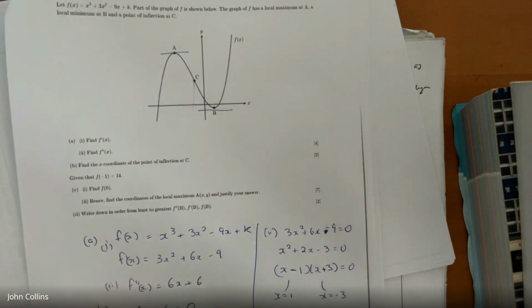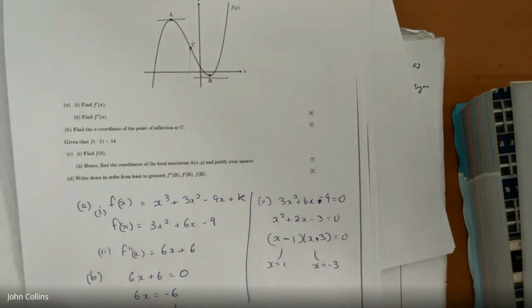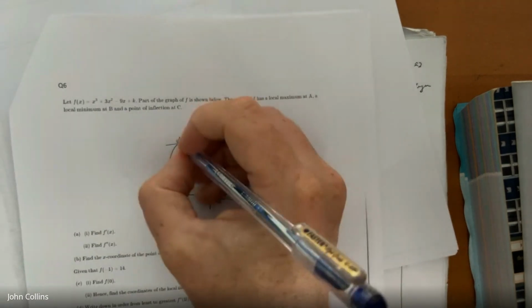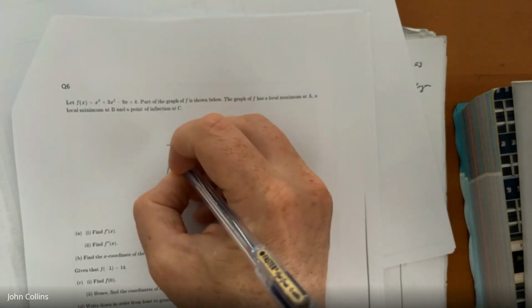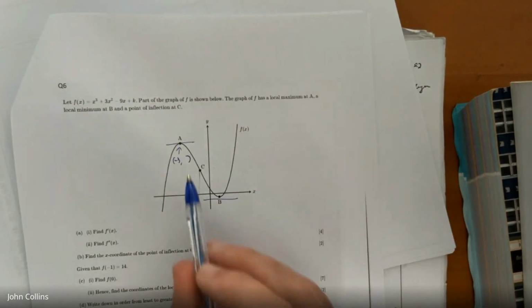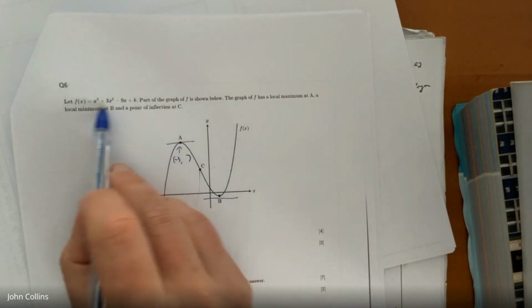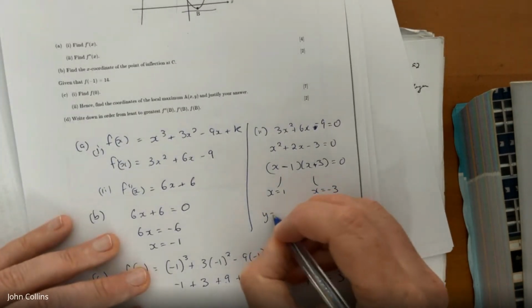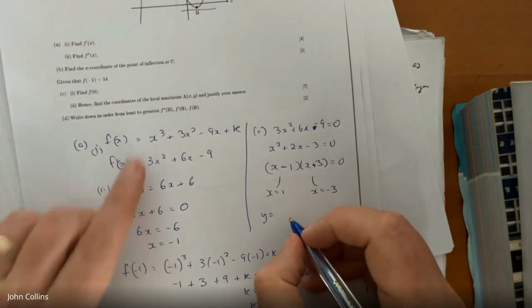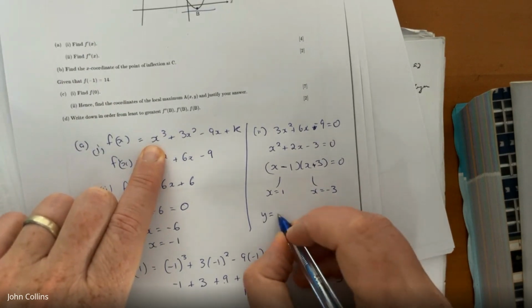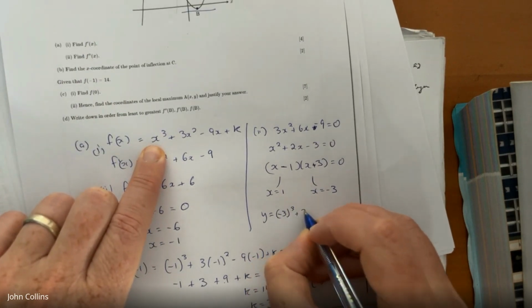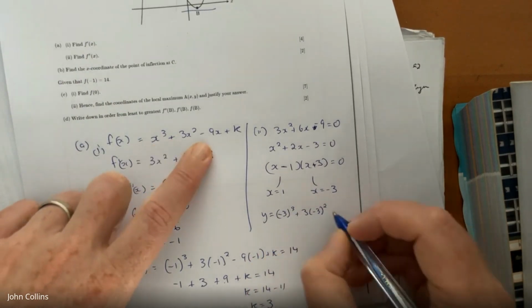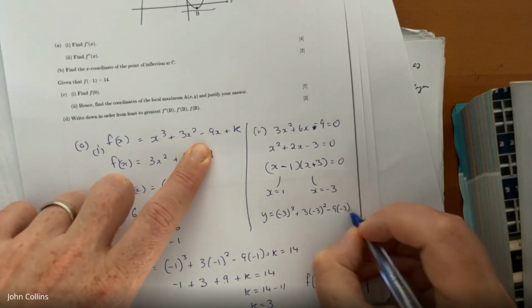So I need to find the full coordinate, so I need to substitute. At the moment, I just have the x coordinate, that's minus 3, something. So how do I find out what something is? Well, I use my original function. So y is equal to minus 3 cubed plus 3 times minus 3 squared minus 9 times minus 3 plus 3.